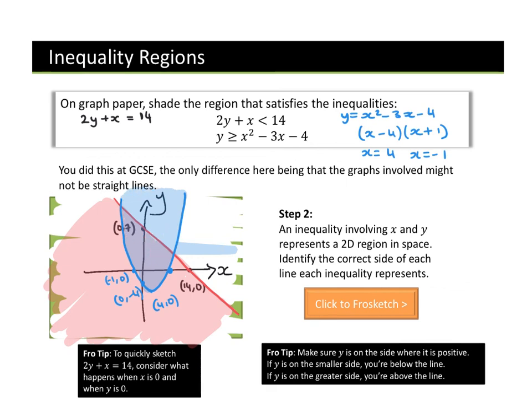Then what does the question say? Find the region. Great. So the region that satisfies this is in fact the region where they're both shaded, which is in this area here, and I'm going to call that R.